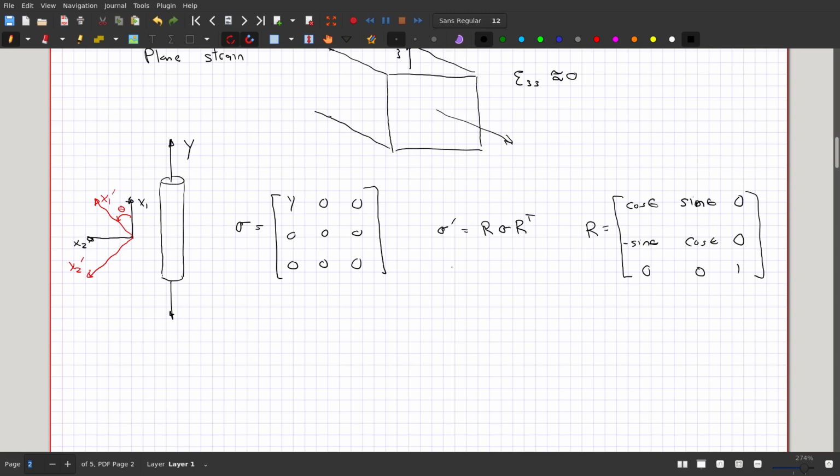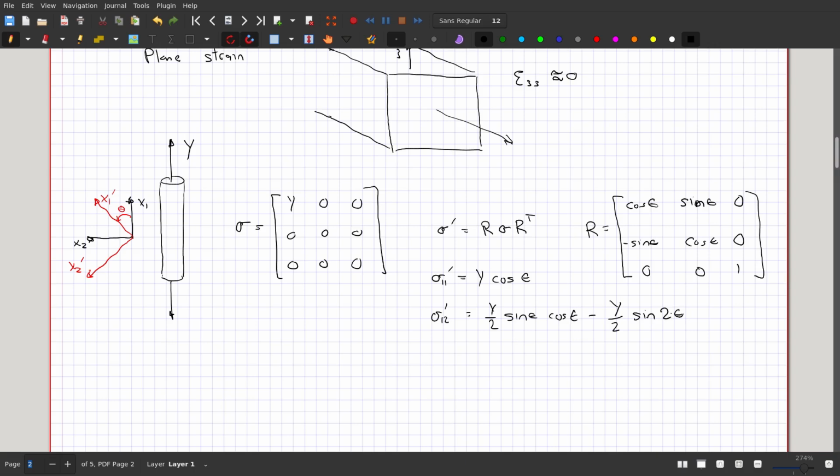And if you do that, the sigma 1,1 prime component is y cosine squared theta, and sigma 1,2 prime is minus y over 2 sine 2 theta.